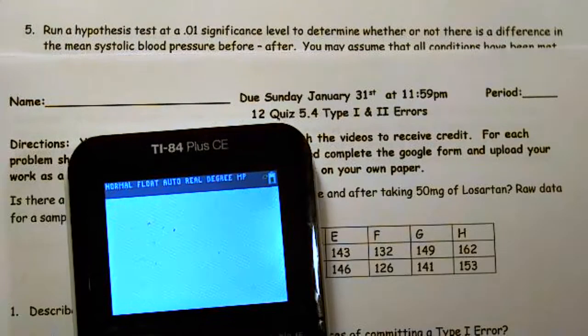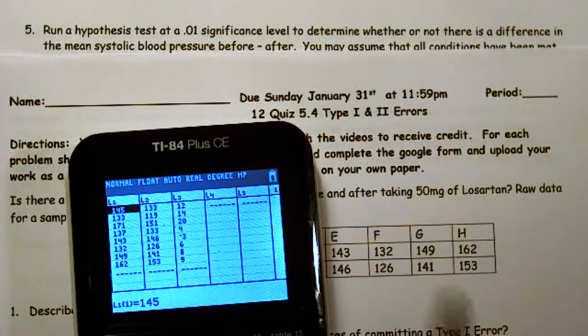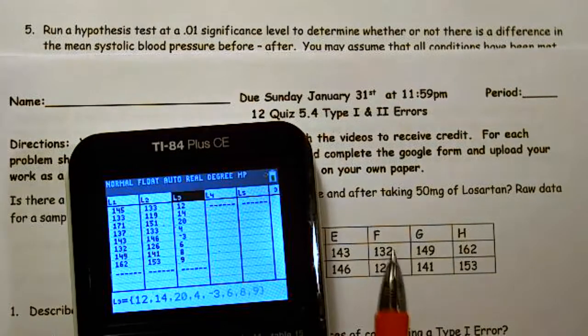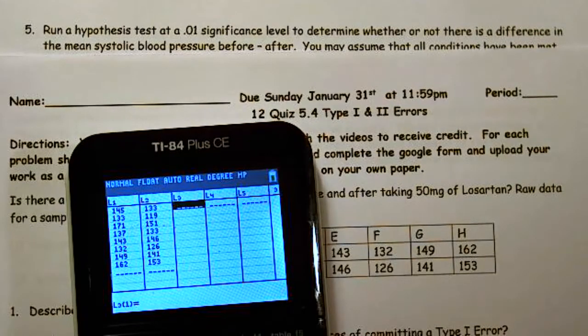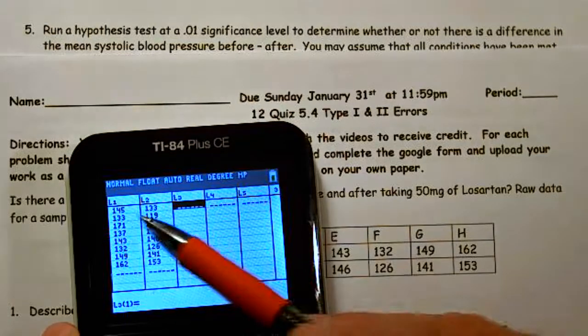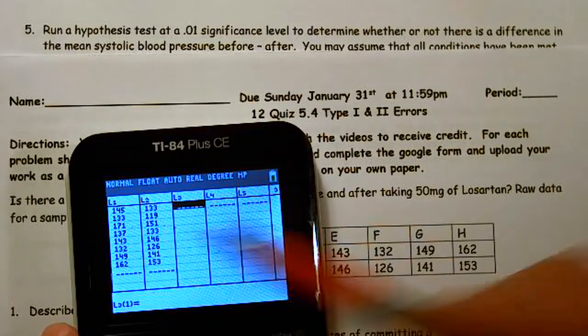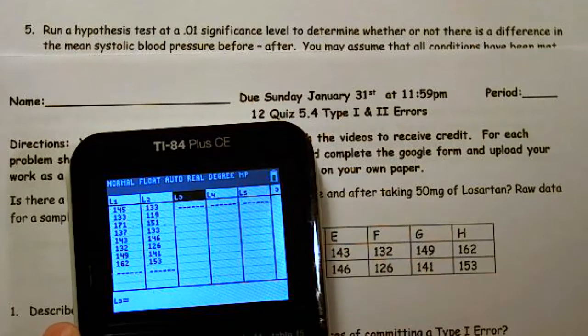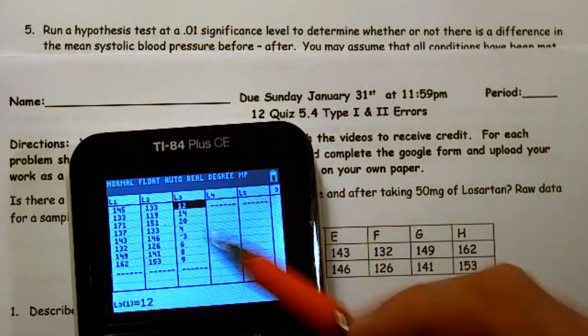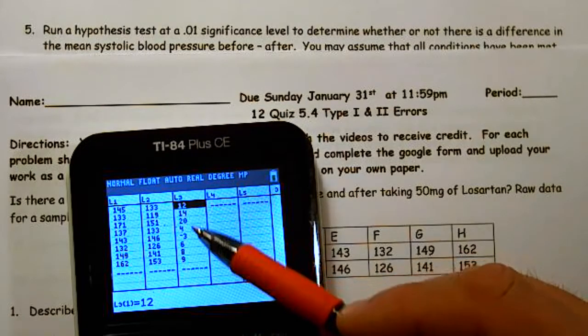So, stat, edit. I enter the data in L1 and L2, but I don't have my difference yet. So I need to go to the top of L3 and go second 1 minus second 2. So L1 minus L2 gives me my differences.